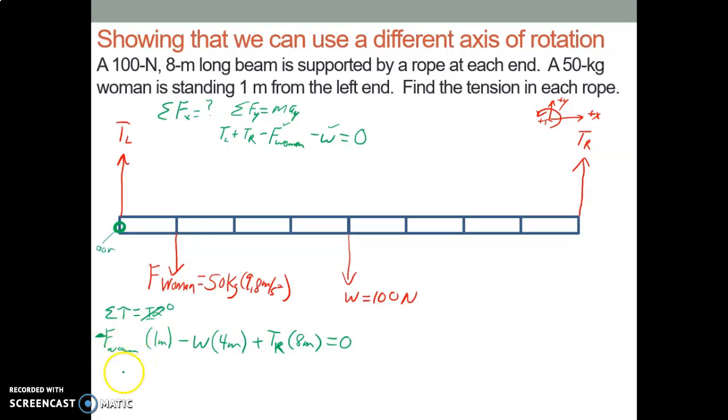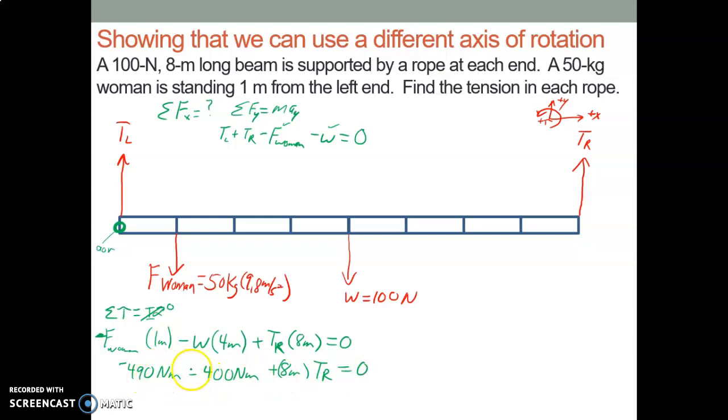We know that the force of the woman is 50 times 9.8, so that's 490 newtons times 1 meter, that's 490 newton meters, minus 100 newtons times 4, that's 400 newton meters, plus 8 meters times T_R, or T_R times 8, it doesn't matter.